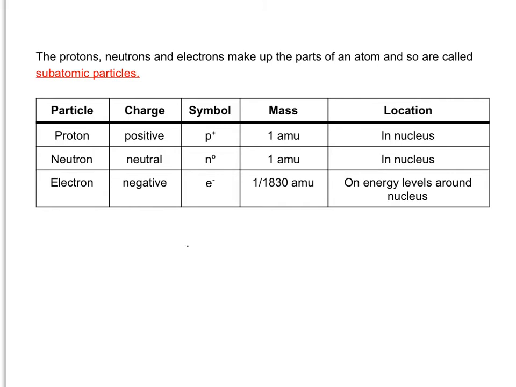So that's a P with a plus sign up top. Has a mass of 1 atomic mass unit. So that's atomic mass unit. And we find them in the nucleus.